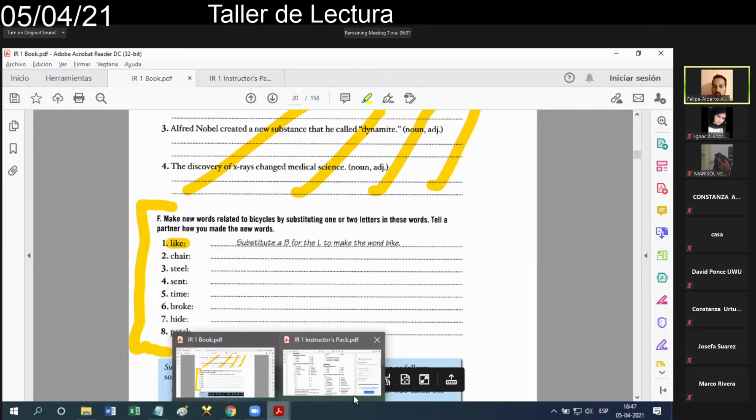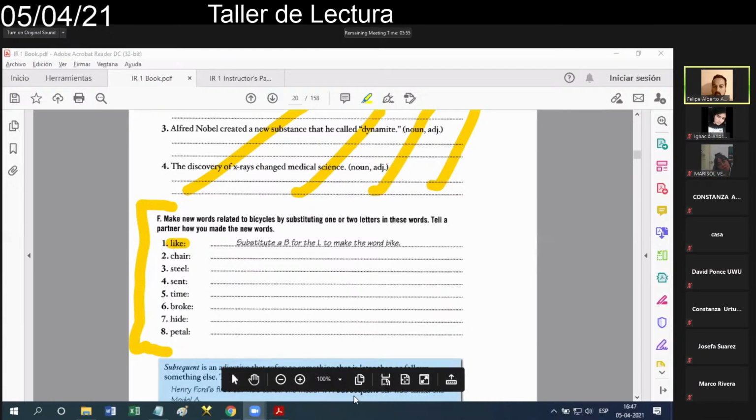Ian, you are correct. Seat. Very good. Continue. Number 5. It is seats. That's correct. For number 5, time, which one? It's not lime. Tire, Ignacio, very good.